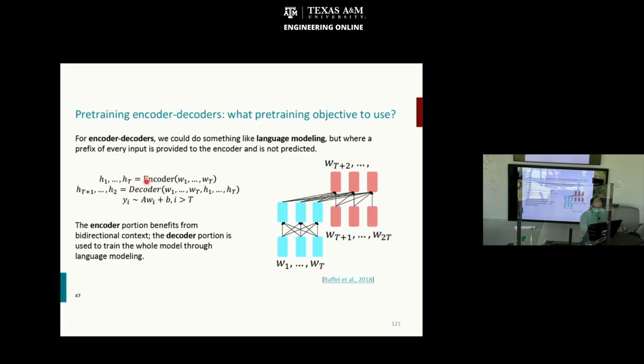We have the W fed into the encoder, and we get the H, and then H is fed to the decoder together with this W, and we get the H_{T+1} to H_2. And then in the end, we feed them to these linear layers. So the encoder portion benefits from the bidirectional context, and the decoder portion is used to train the whole model through language modeling. So that's something we can do.